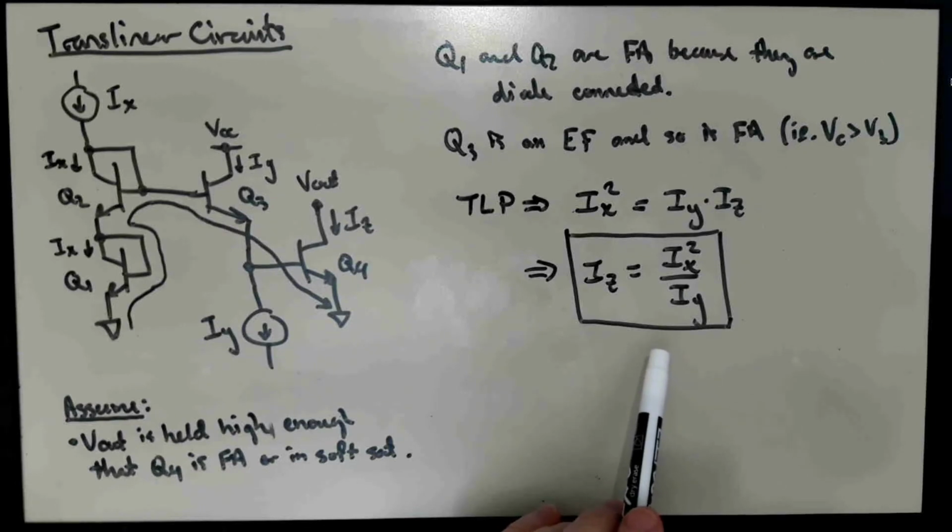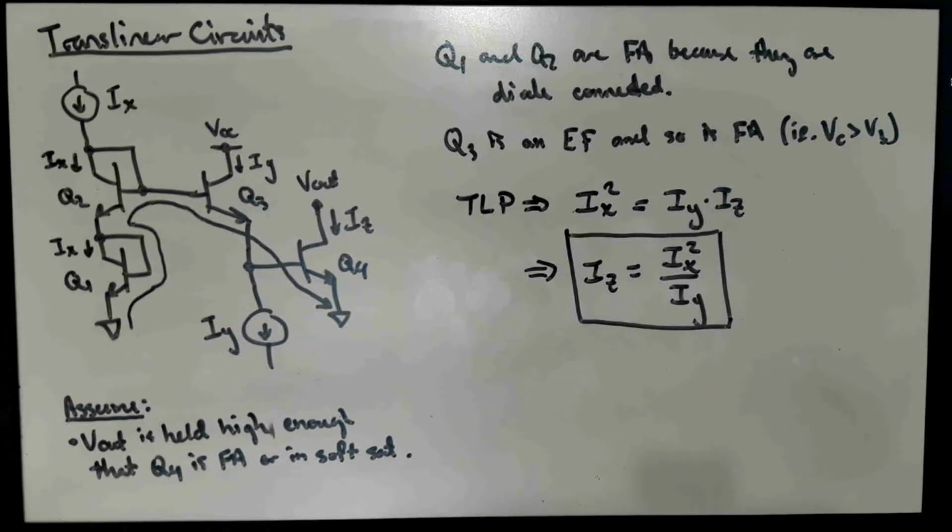And it's the kind of thing that we might be interested in doing, for instance, if we wanted to calculate the power or something like that in a signal that's represented by a current. We could square it. We might want to divide by something to normalize one thing by another.